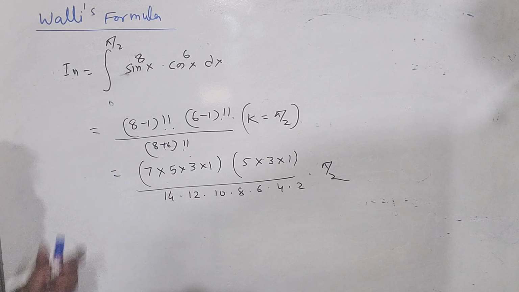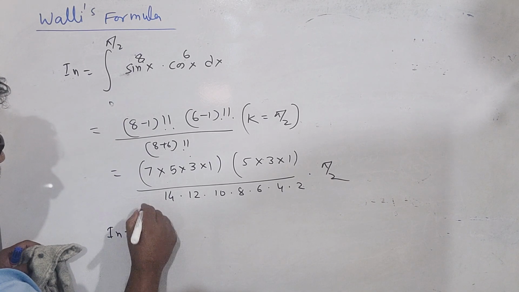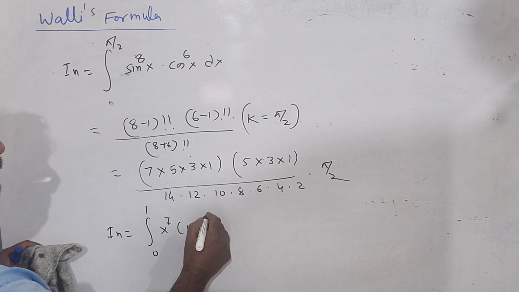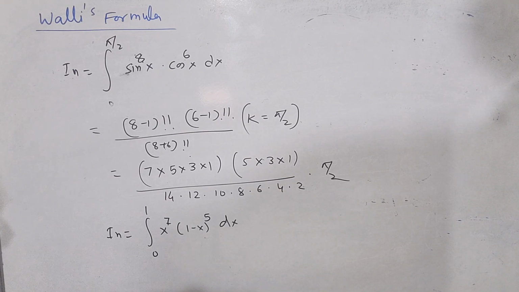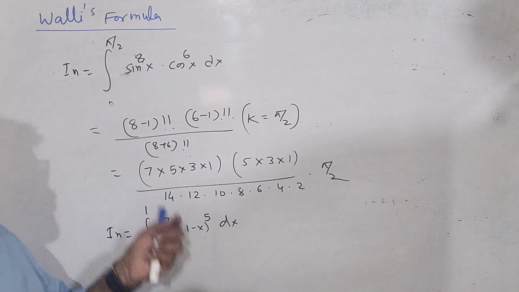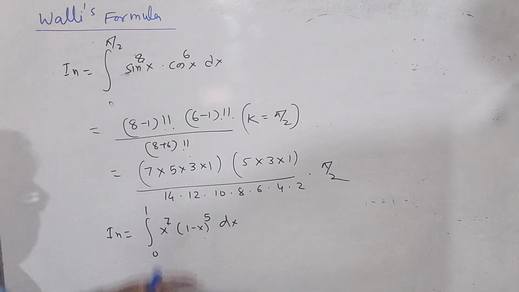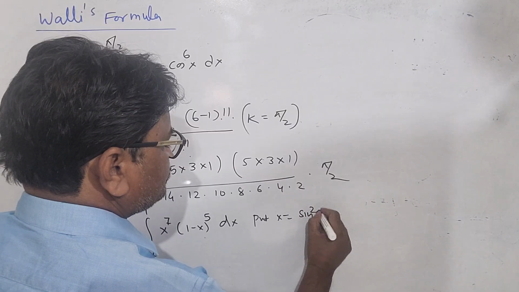Also, suppose some algebraic terms are there and the limit is 0 to 1, say x to the power 7, (1 minus x) to the power 5, like that. This problem is from 0 to 1, but it can be converted into sine and cos functions, and we can apply the Wallis formula by putting x equal to sine square theta.